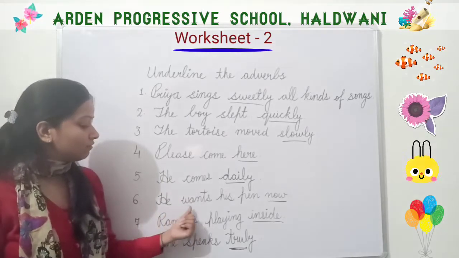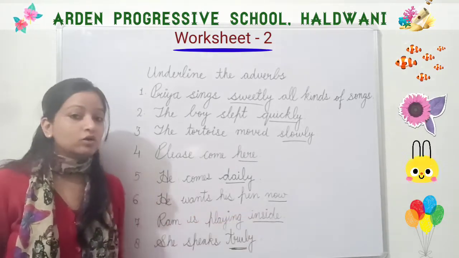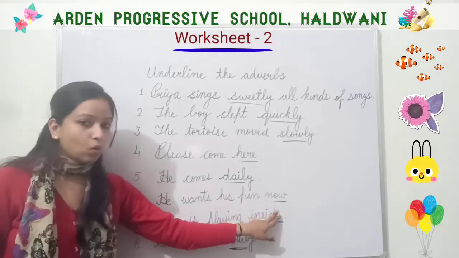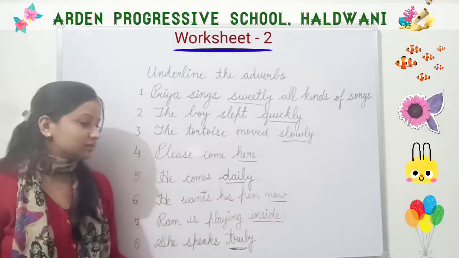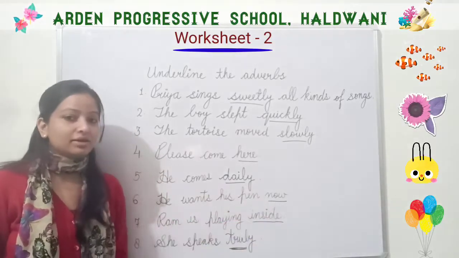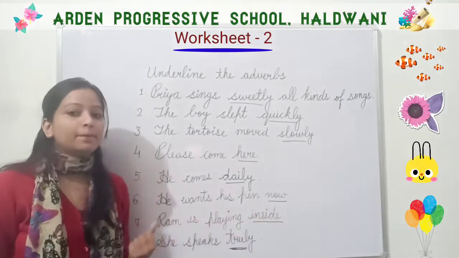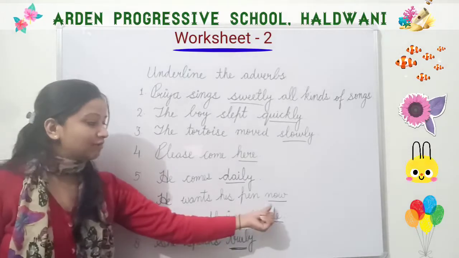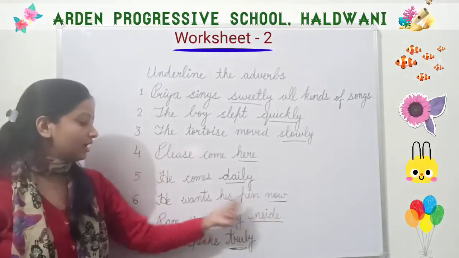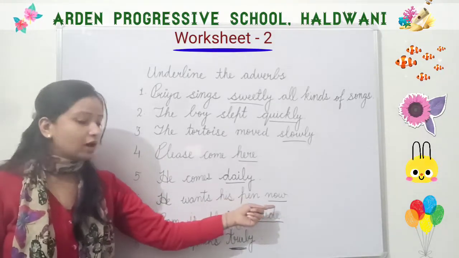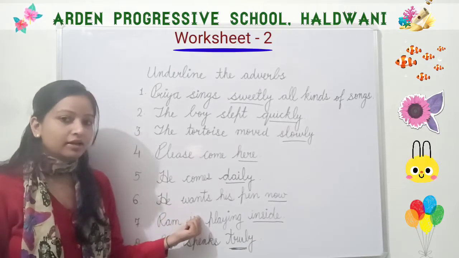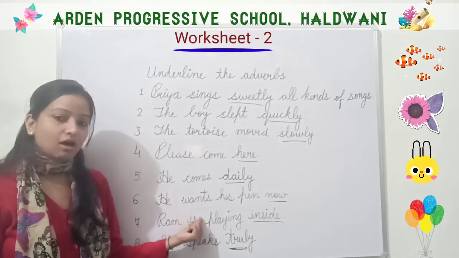He wants his pen now. So when? Now. This word now is giving us the answer of when, so it is an adverb of time. Here the word now is modifying the word wants, and wants is a verb.